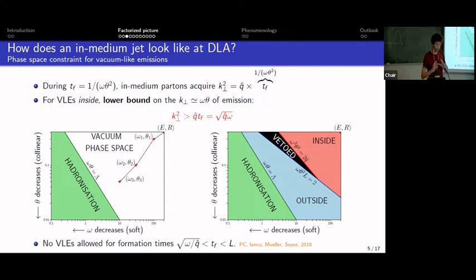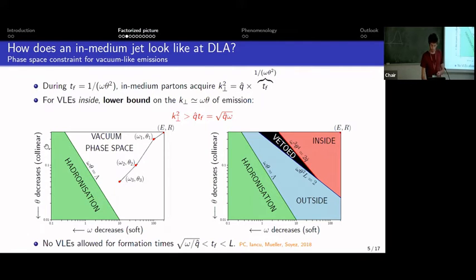And the qualitative statement that we can make relies on the comparison between the vacuum-like formation time of the soft and collinear radiation inside the medium, and the typical kT that this parton can acquire over this formation time.